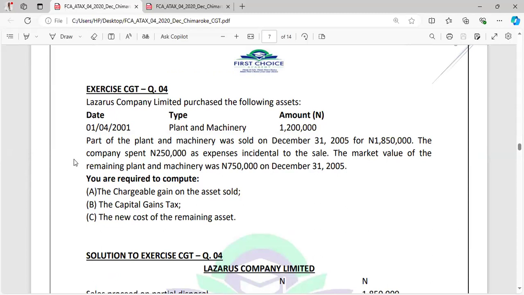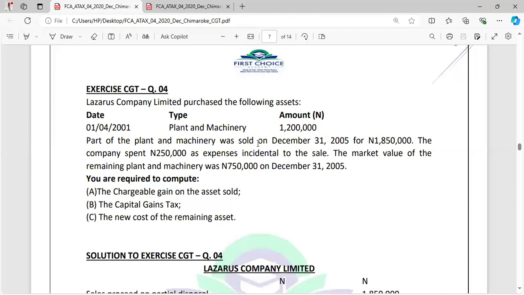You now see the word part: part of the plant and machinery was sold. So this is a partial disposal, and it was disposed of on December 31st, 2005. The year 2005 becomes the year relevant for capital gains tax. It was disposed of for 1,850,000.